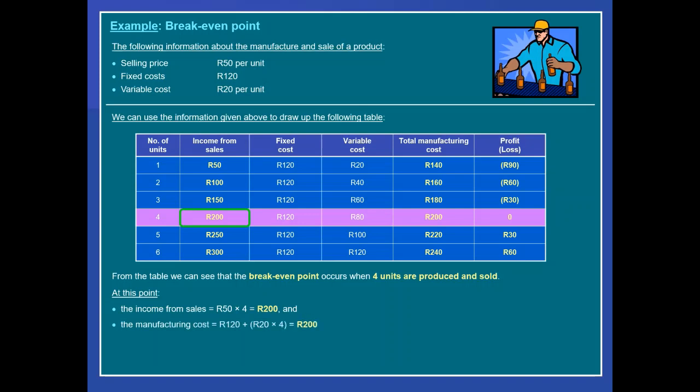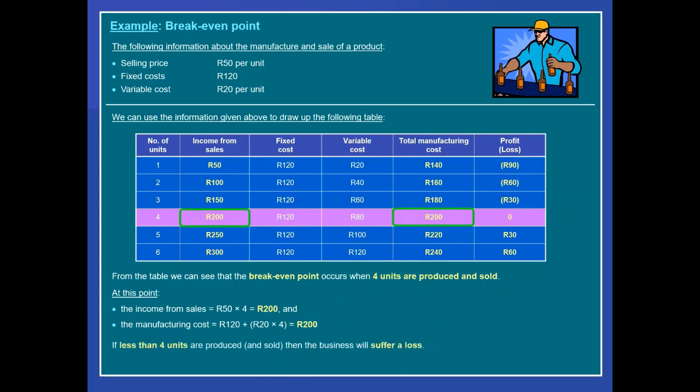And the manufacturing cost is the fixed cost of 120 plus the variable cost of 80, which is the 4 units times 20 Rand per unit. So in total it results also in 200 Rand.